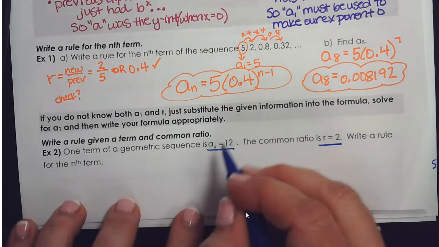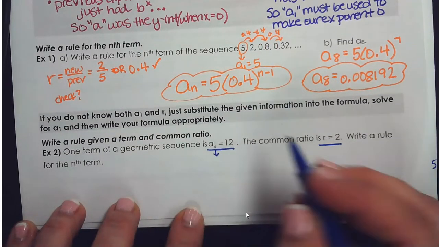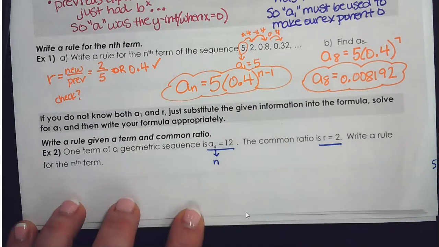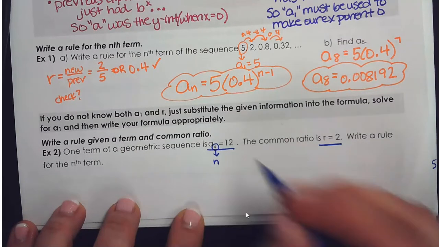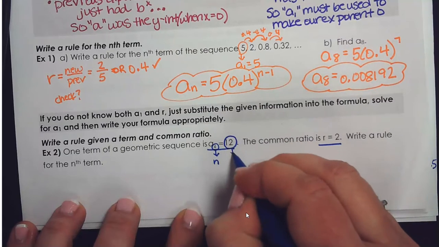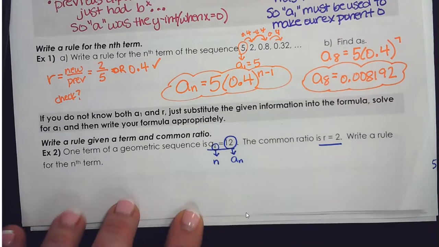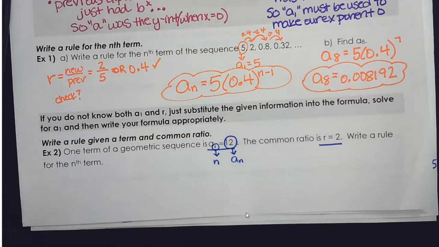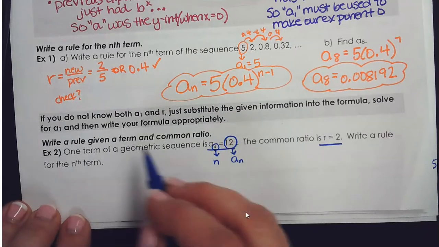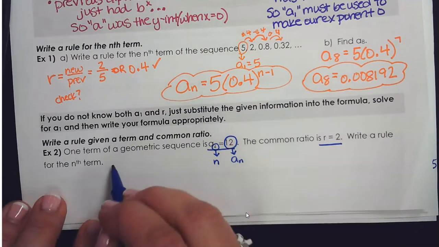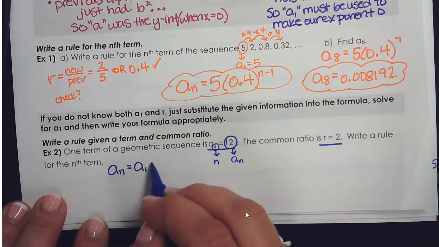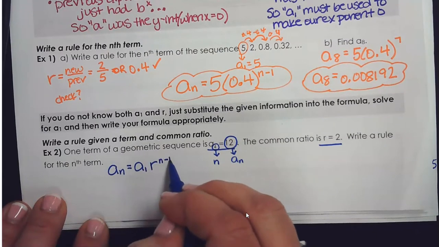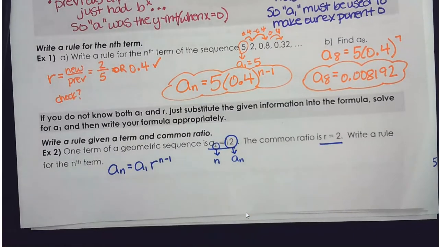Well, this right here is really going to be like our n. This 4 is going to be like our n. And the 12 is going to be like our a sub n. So again, let's think about this formula. A sub n equals A sub 1 times r to the n minus 1. And let's put those values in.